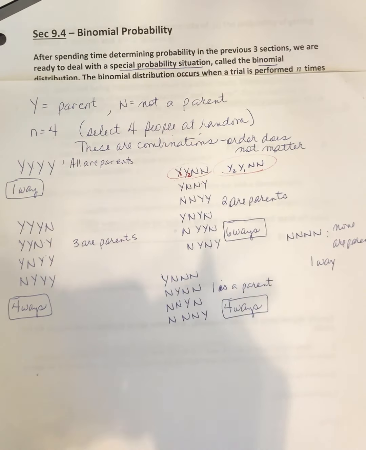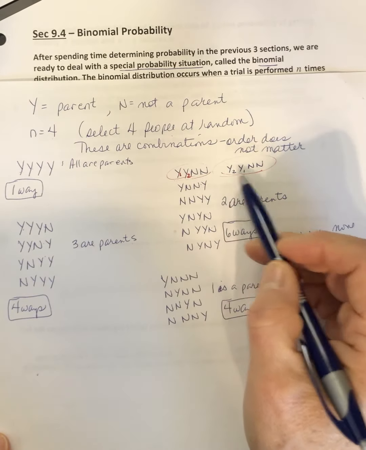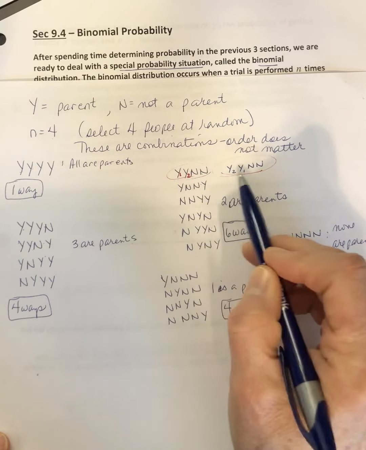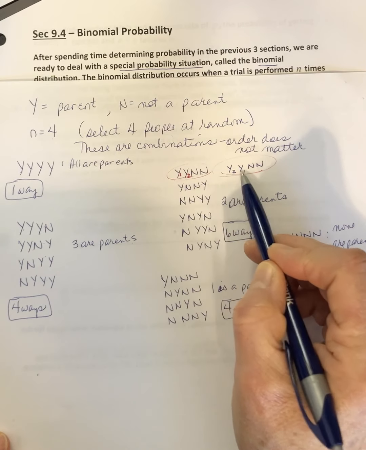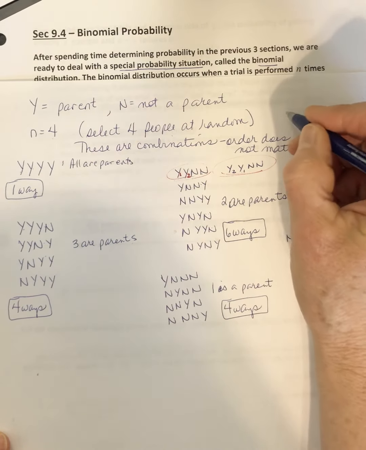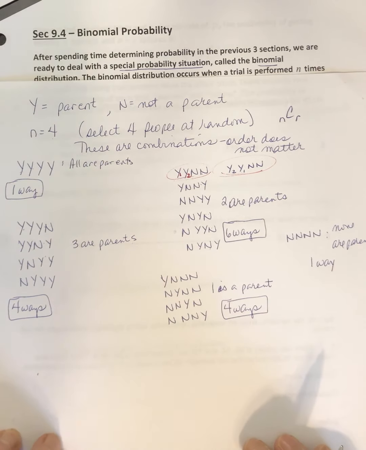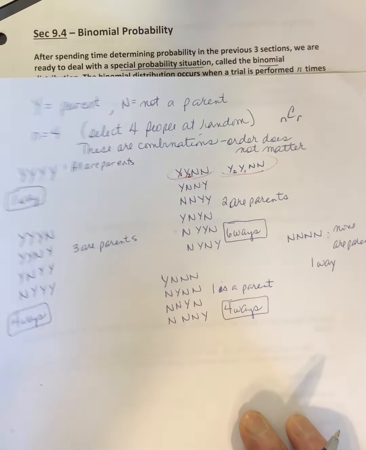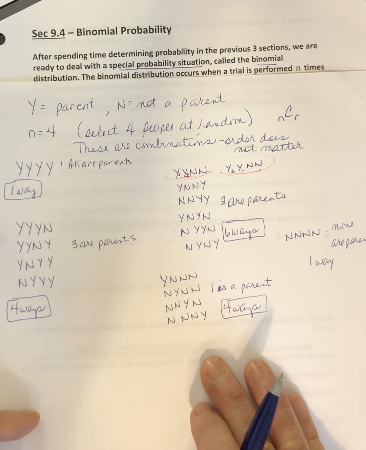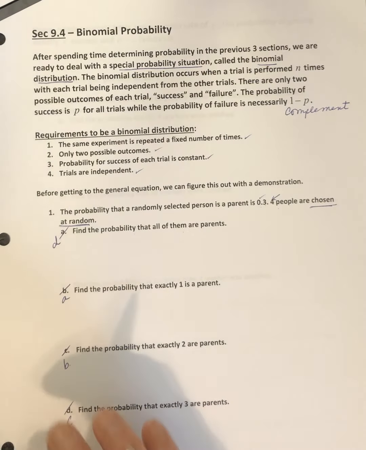We still have the exact same outcome. We've got 2 yeses and 2 nos. So that means this is a combination, because this combination is no different than this combination. So we're going to use the combination n choose r to make those happen. Okay, so that's that. I'll bring this back and refer to that as we go.